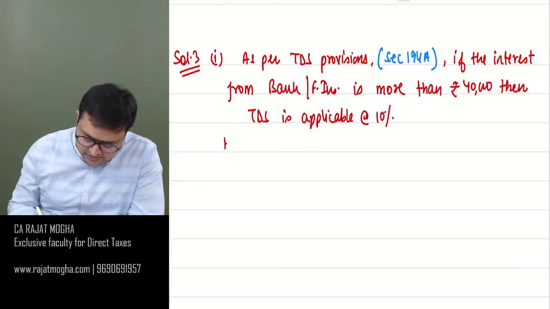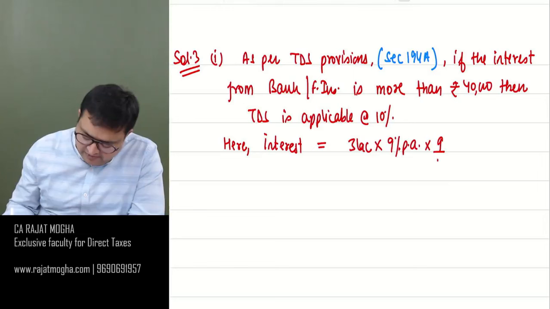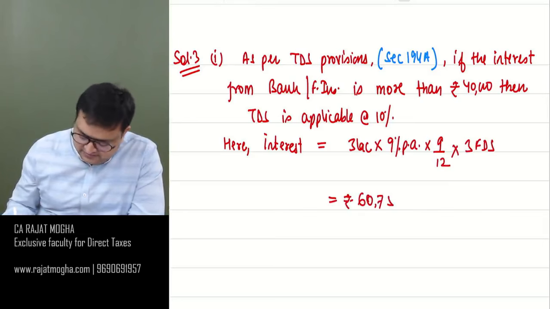Now, here, interest is equal to 3 lakh into 9% per annum into 9 by 12 into 3 FDs, rupees 60,750.